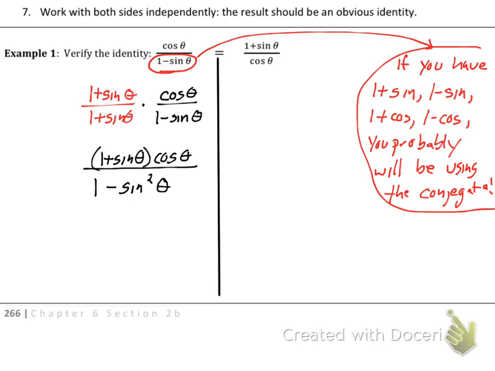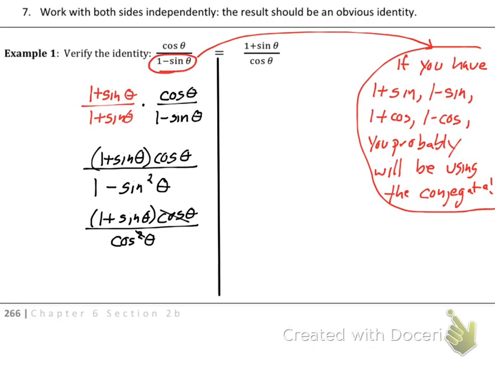Can I rewrite 1 minus sine squared theta? It should be that one that just jumps off your page, Callie. It's cosine squared theta. So that's going to leave us with 1 plus sine theta times cosine theta all over cosine squared theta.